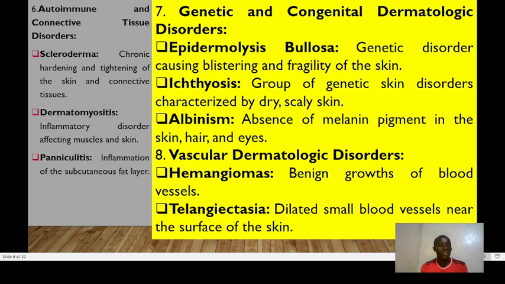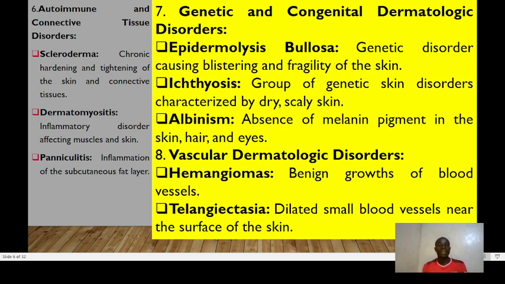Dermatomyositis is an inflammatory disorder affecting skin and muscles, while panniculitis is inflammation of the subcutaneous fatty layer. So genetic and congenital dermatologic disorders.